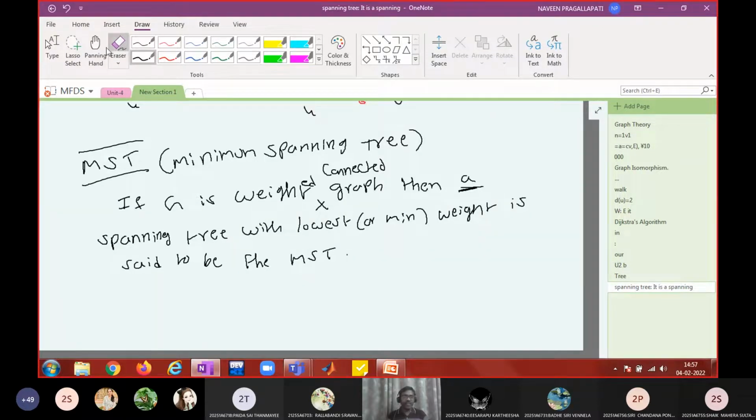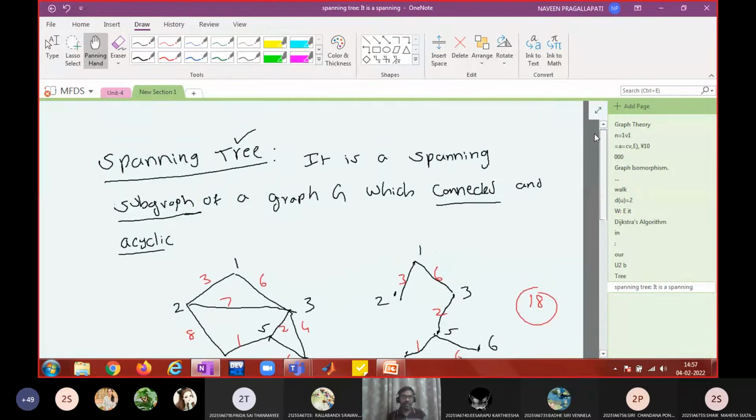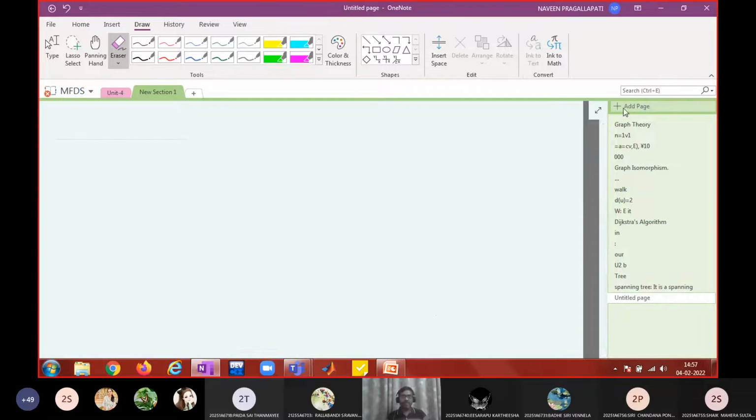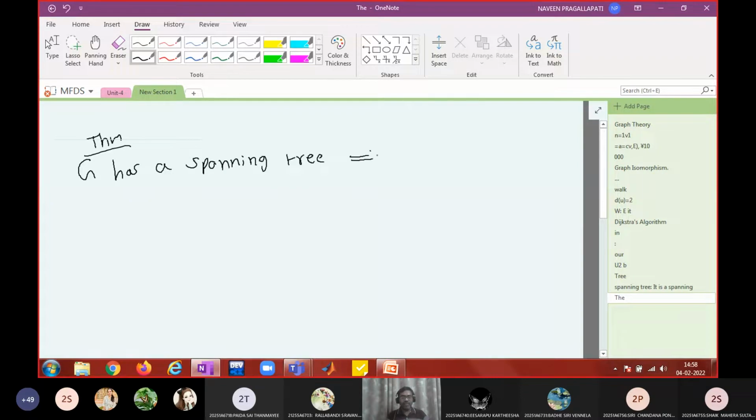Because I already assumed it is a connected graph, I don't need to say more here. So the theorem: G has a spanning tree if and only if G is a connected graph.